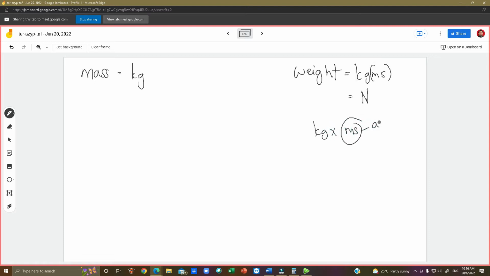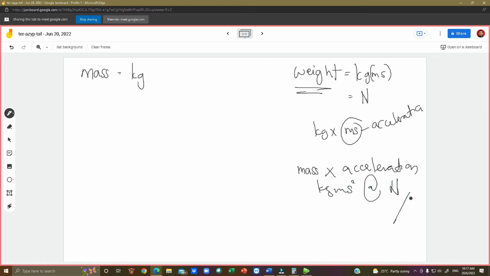Acceleration. So, to get weight, what we need to do is actually to have mass times with acceleration. So, the final unit will be kgms, or it will be in terms of Newton.